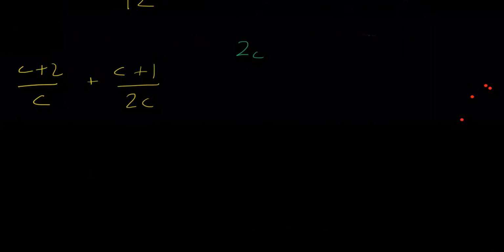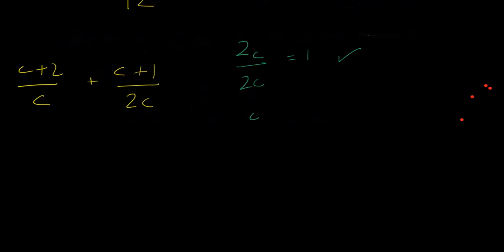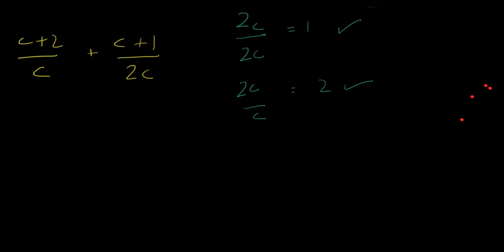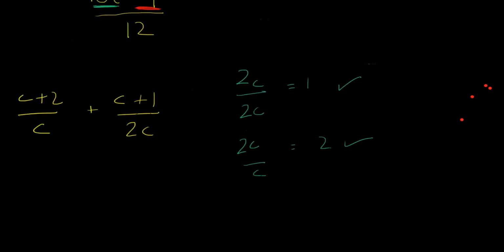Okay, so I can do 2c over 2c, and that equals 1. But when we write it down, do we write divided by? No. I'm just showing you why it's 2c. It can be divided through.